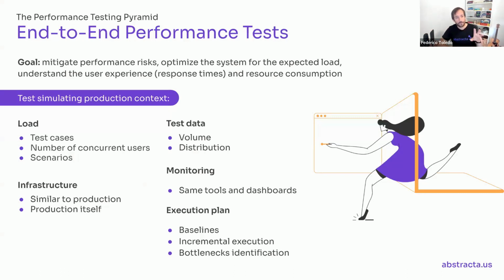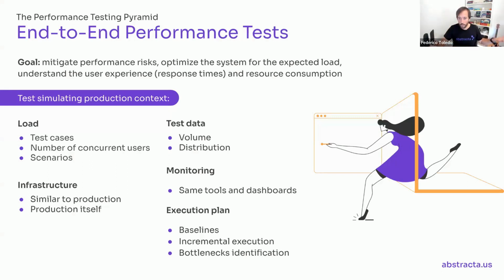What we typically do to define this type of test simulations is the load itself, the number of concurrent users, and the scenarios, which basically is how many virtual users I'm going to be running for each test case, right? My recommendation here is try to select the most critical test cases.